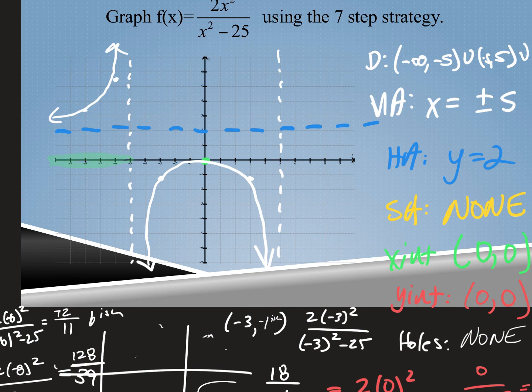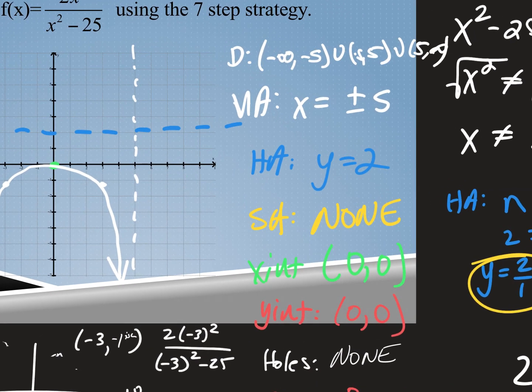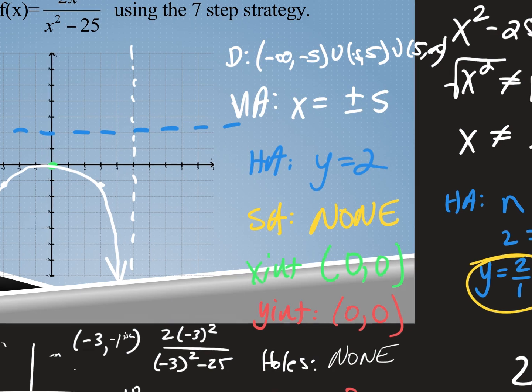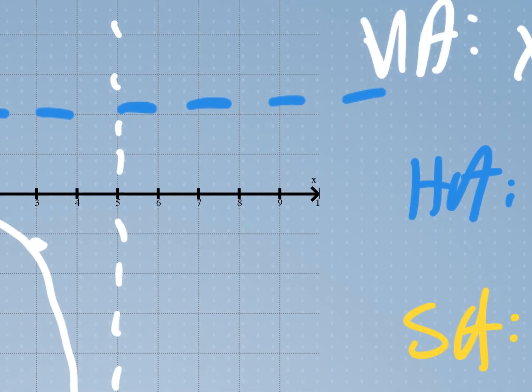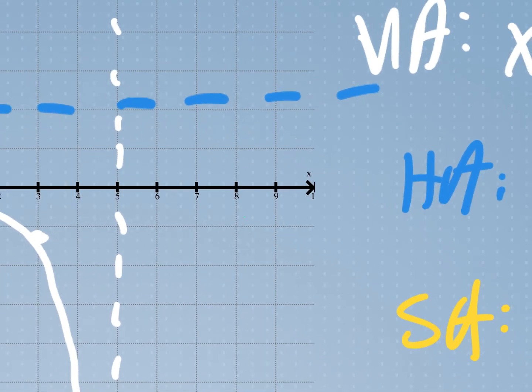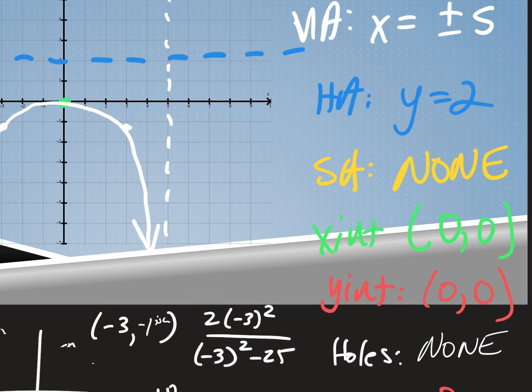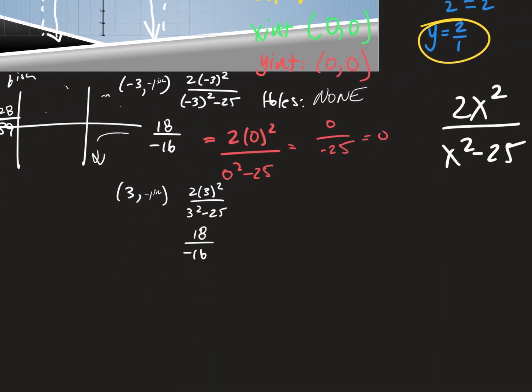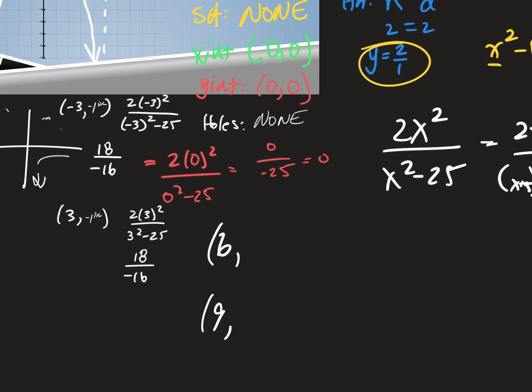And now, guys, let's figure out where our boomerang exists. Is it going to be in the top right corner or the bottom right corner? Pick 2 points to the right of your vertical asymptote. 9. Okay, and what else? 6. 6 and 9. Okay, fine. So I'm going to plug in 6 and see what I get out, and plug in 9 and see what I get out. So I plug in 6.